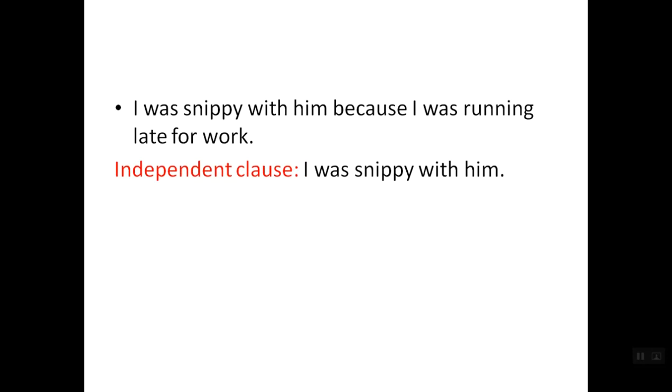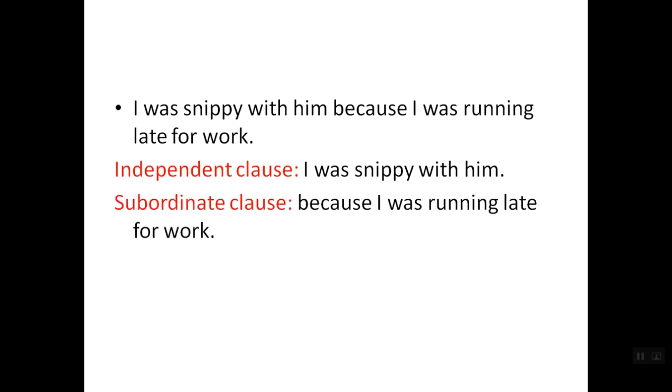So what do we call such sentences? Okay, we call them the complex sentence. This sentence contains 2 clauses. The first clause is independent: I was snippy with him.